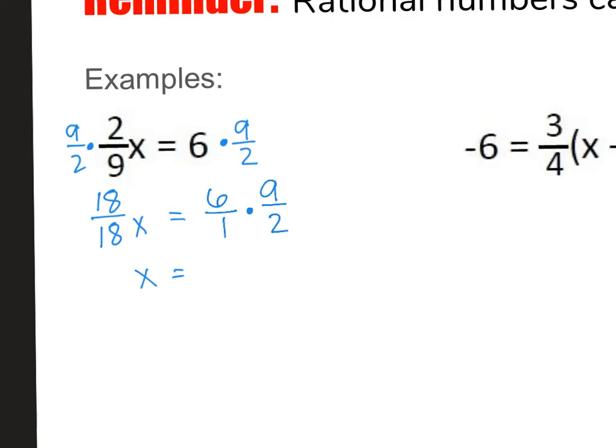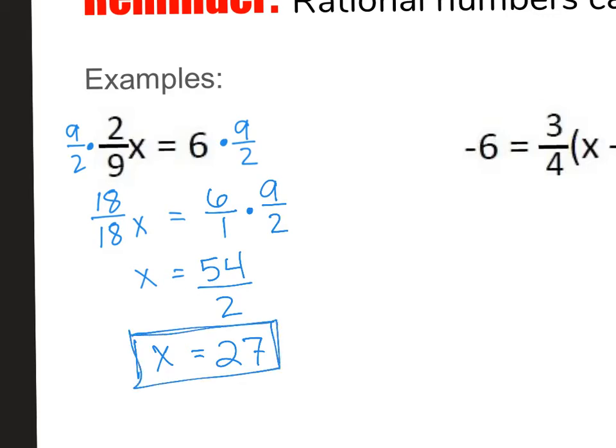So 6 times 9 is 54 over 1 times 2, which is 2. Now, we are not finished because it can be simplified. So you're going to have to reduce this. That will give you the most correct answer here. When I reduce, 2 goes into 54, 27 times evenly. And that is our answer.